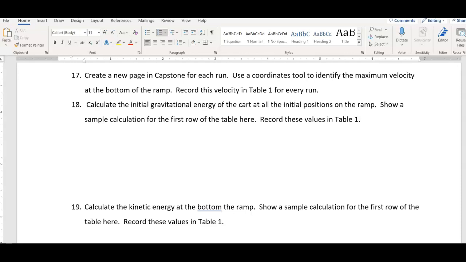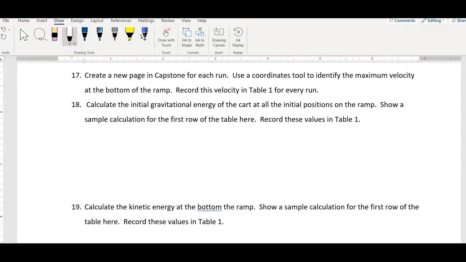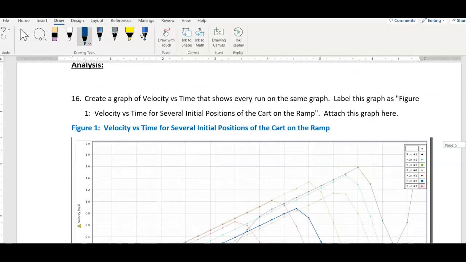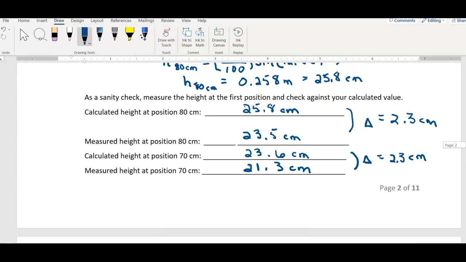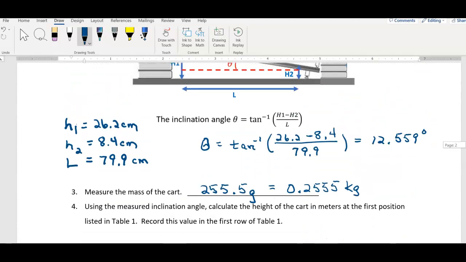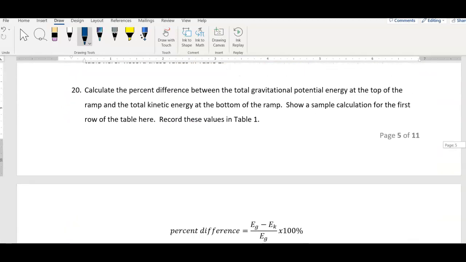And so for gravitational potential energy, I'm going to do this for the first row of the table. And so the gravitational energy in that first row is the mass of the cart times g times its height. The mass of the cart was, I may be remembering this wrong, but I think we said 0.2555 kilograms.